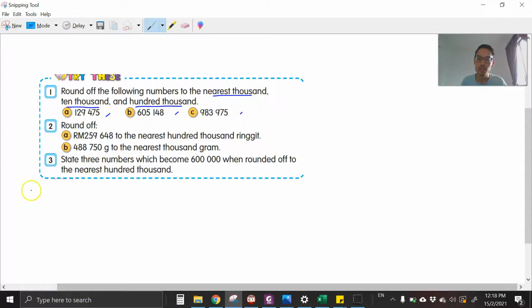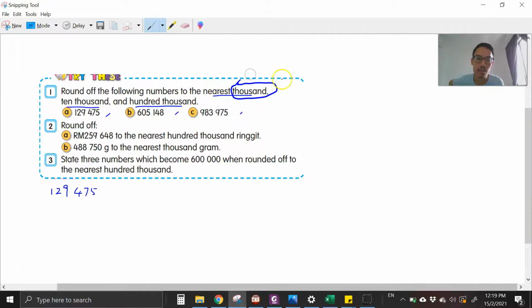Okay, let's look at the first question, which is 129,475. So the first thing, we have to round off to the nearest 1,000. So when we see the word 1,000, you just write 1,000. And what I do is I divide it by 2 first.